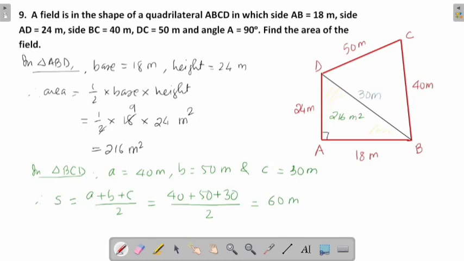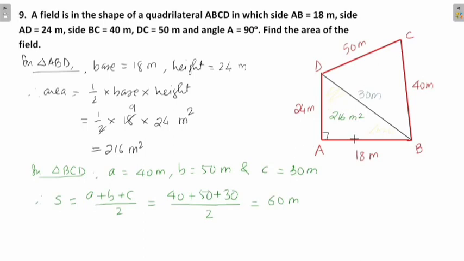Now I found S. So you find the area of this triangle using Heron's formula, and all of you know Heron's formula. It is the square root of S into (S minus A) into (S minus B) into (S minus C). So find out the area.